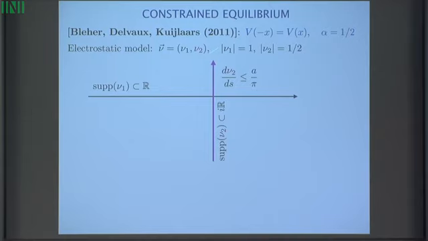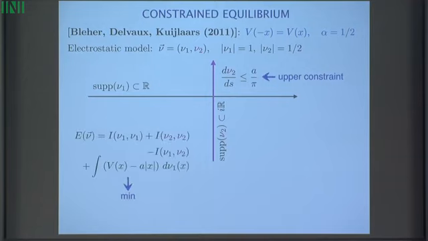The density is less than or equal to a over pi, where a is your eigenvalue. It means that when a is close to the axis, it's really a strong constraint. When a is far away, then it's almost a non-existent constraint. But you have this upper constraint for this component over here.